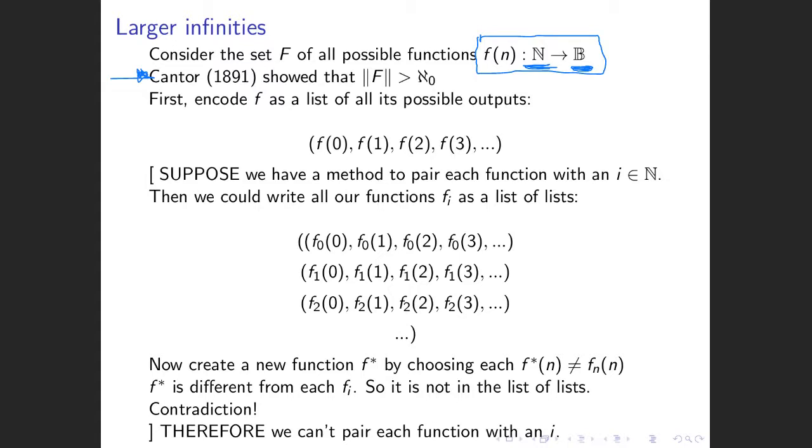First of all, consider a function f. That's just one possible function from naturals to Booleans. And let's write down all of its possible outputs, okay? So this is a function. It takes a natural number as an input, and it gives you a Boolean as its output. And if you give it the number 0, it gives you this. If you give it number 1, it gives you this.